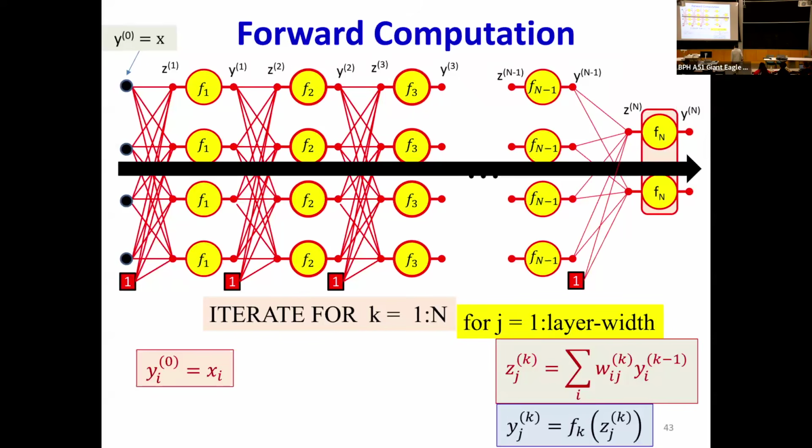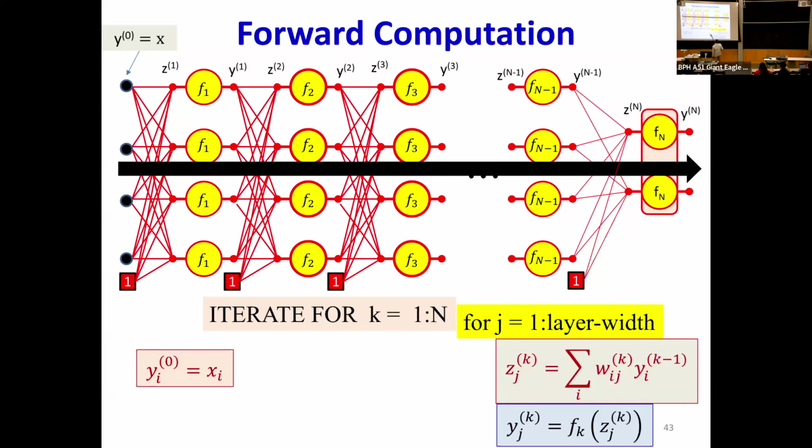So the very simple pseudocode for the forward operation, it's very trivial. I'm assuming that y_i superscript 0 is the input. Then you're going to go through the layers from 1 till the nth. This iterator is going forward.